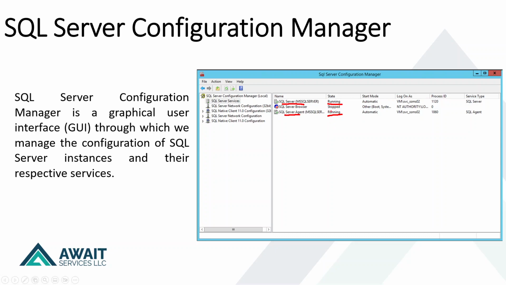But once this agent is stopped, even if we have scheduled jobs, they will not run, because this is the service responsible for running them. If you have a named instance and the SQL Server browser is not working, you will not be able to connect to your named instance. But if you have default, just like I have here, then you don't need the SQL Server browser. All right, let's move on.